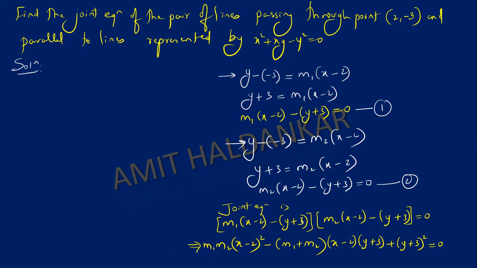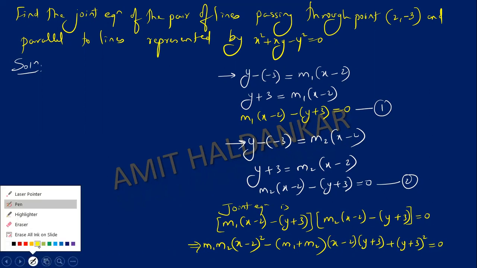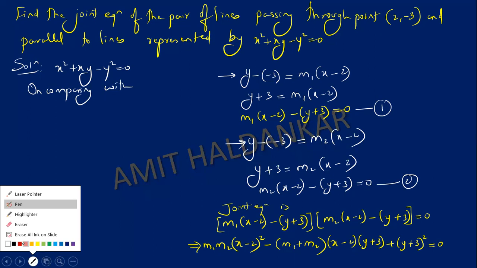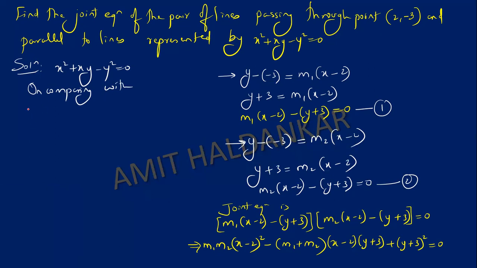Now I need the values of m1 plus m2 and m1 into m2. So initially I'll compare the given equation x square plus xy minus y square with the equation ax square plus 2hxy plus by square is equal to 0.